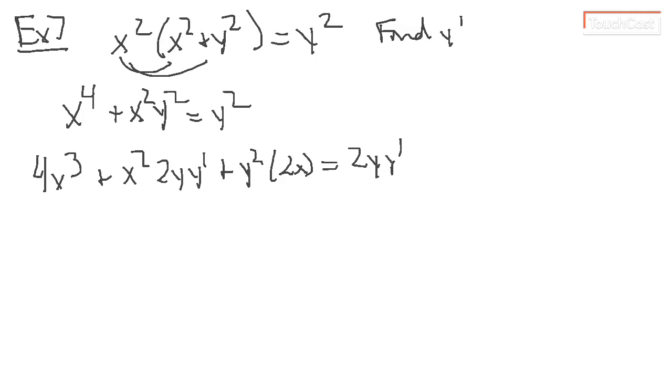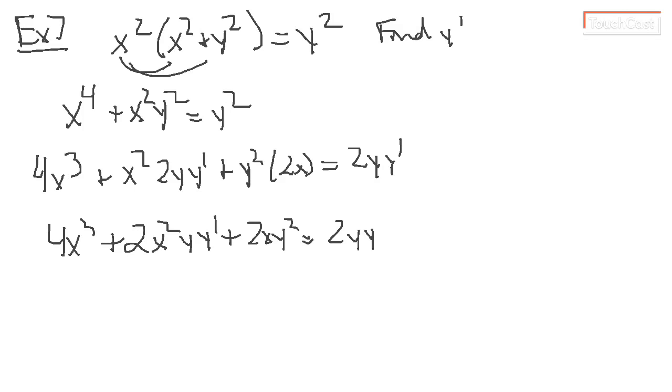So I'm going to clean this all up a little bit. I have 4x cubed plus, in fact, before I write x squared, I'm going to write my 2. 2x squared y prime plus 2x y squared equals 2y y prime.